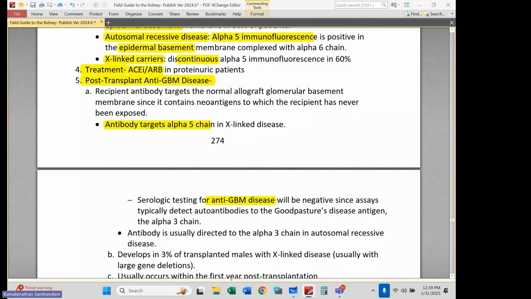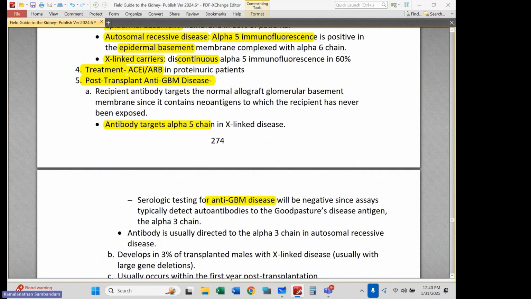You can actually check for anti-GBM antibodies by immunofluorescence, where the lab actually has a glomerular basement membrane looking for an immunoglobulin, typically an IgG, that is creating a linear staining on the glomerular basement membrane.